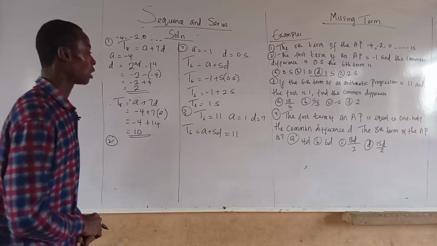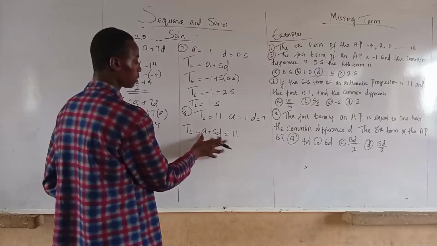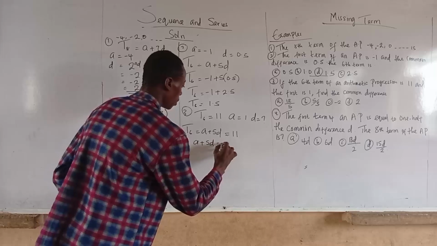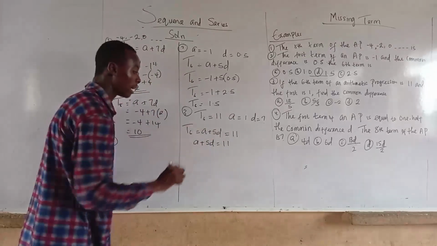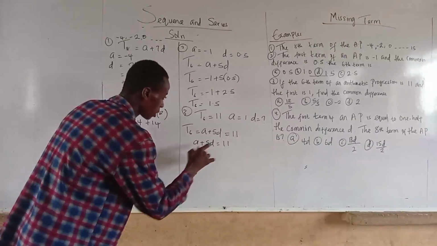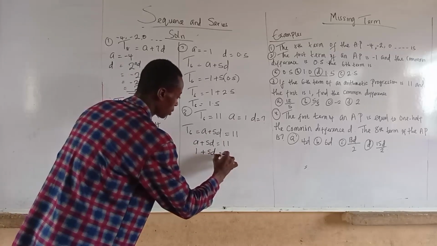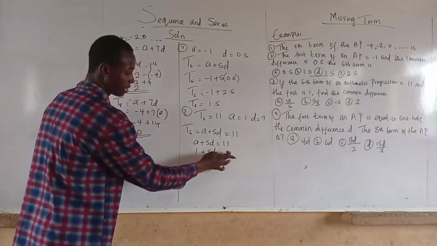So this is what I'm going to do. I'm not going to write T6 again. I'll write A plus 5D is equal to 11. Our A is 1, so we substitute 1 for A: 1 plus 5D is equal to 11. This is a simple equation.